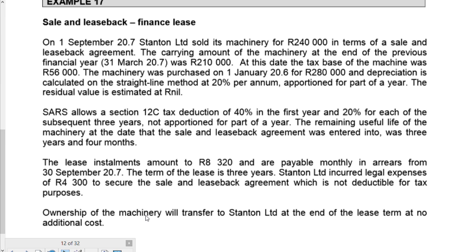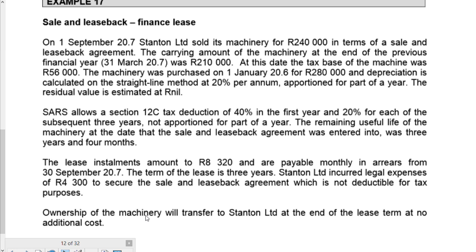Okay, so on the 1st of September, Stanton sold its machine for 240,000 Rand in terms of the sale and leaseback. The carrying amount of the machine at the end of the previous financial year, which was March, was 210. At this date, the tax base was 56. The machine was purchased on 1 January for 280.